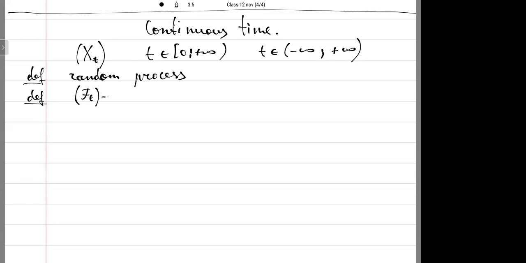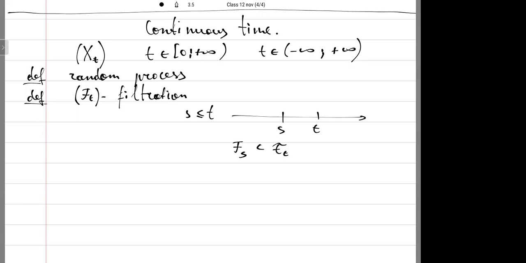So Ft is a filtration if, for two moments of time S and T, I know more at moment of time T, and for every T, Ft is a sigma algebra.